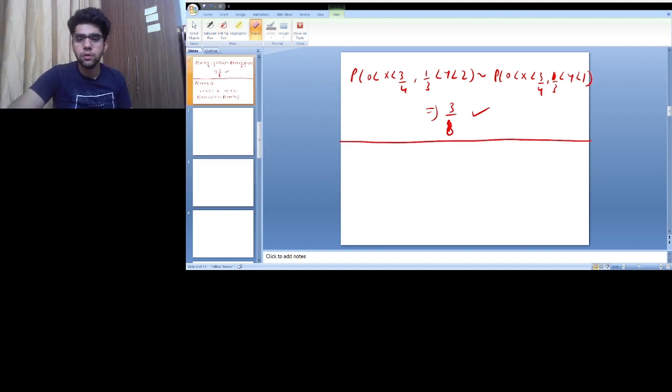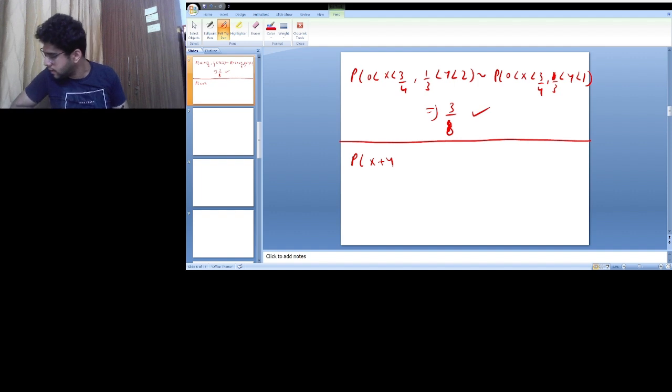Yes. So now we need to find the answer to the third part. The third part says find the probability of x plus y less than 1, right?